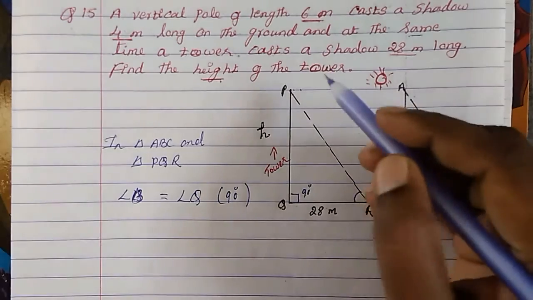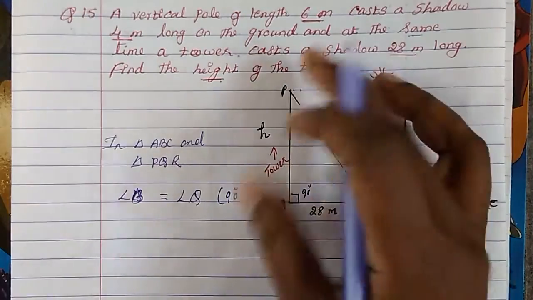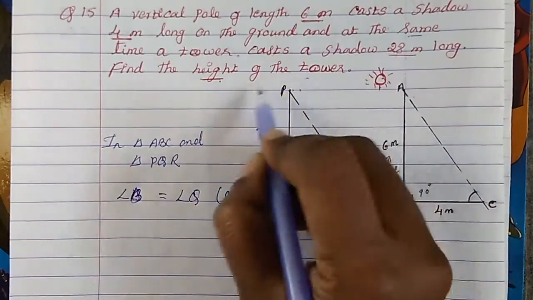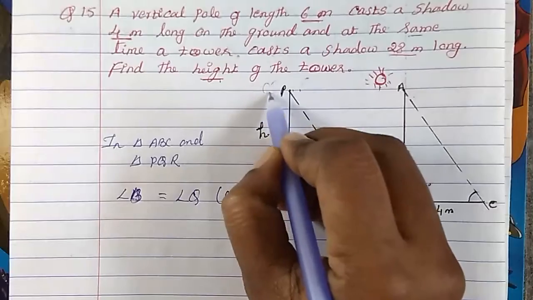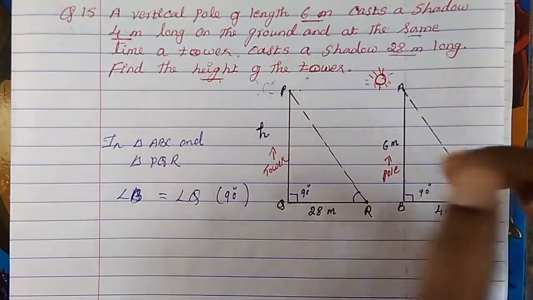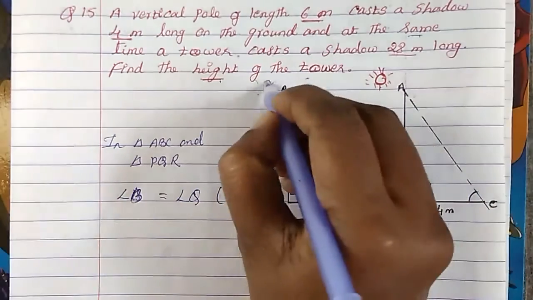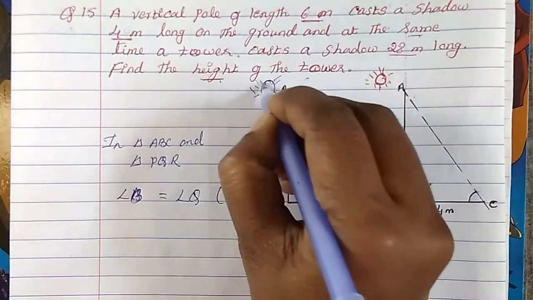Okay, so from the sun, if I have to draw for this tower, the sun is here at the same time, the ground level is here, so the angle that is formed will be the same. So let me draw for you. Sun is here.